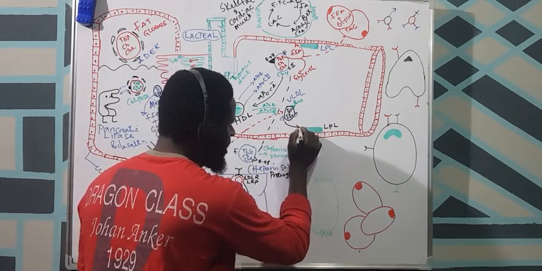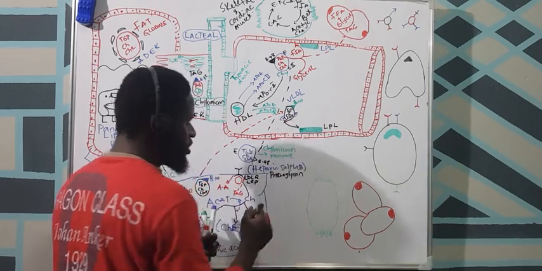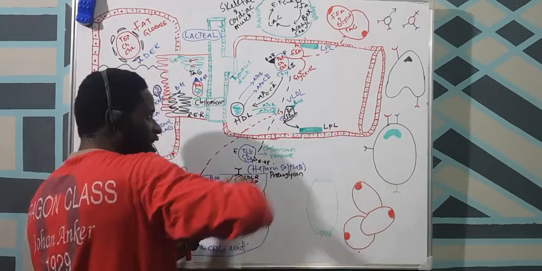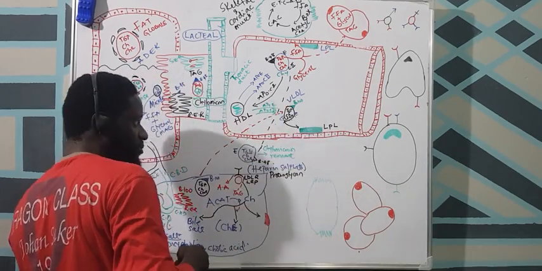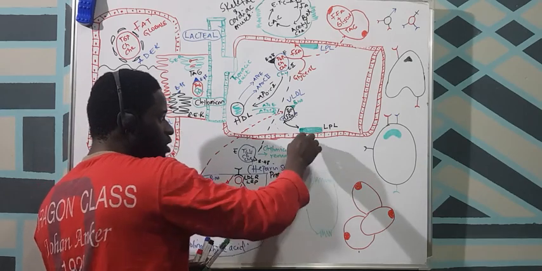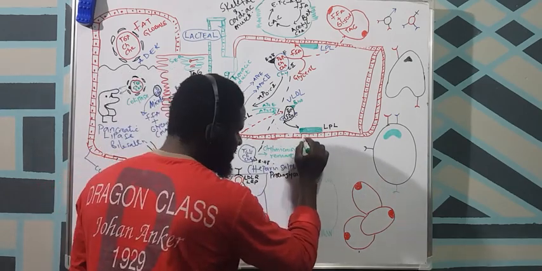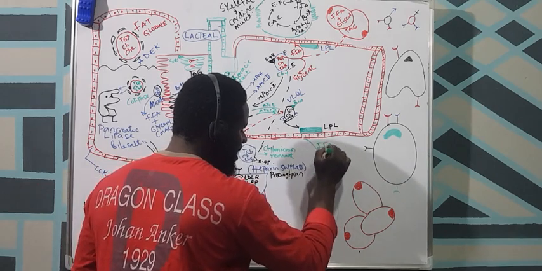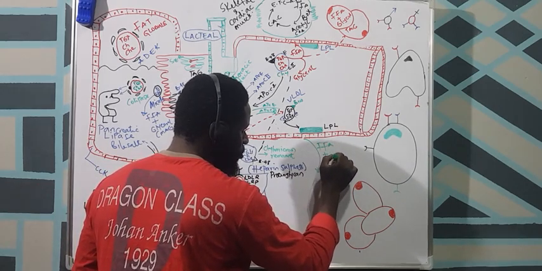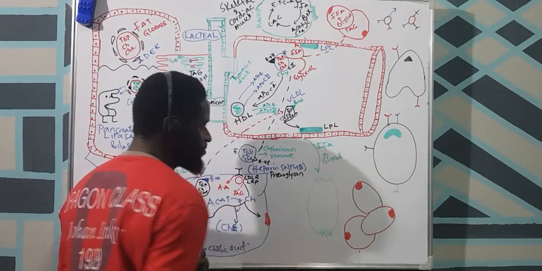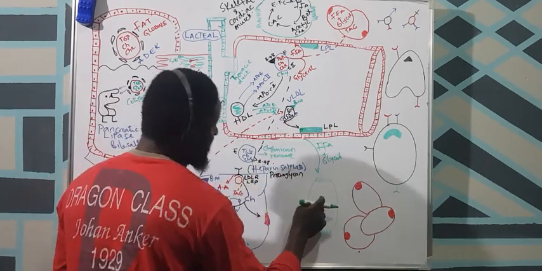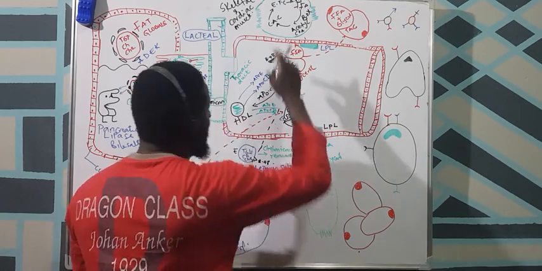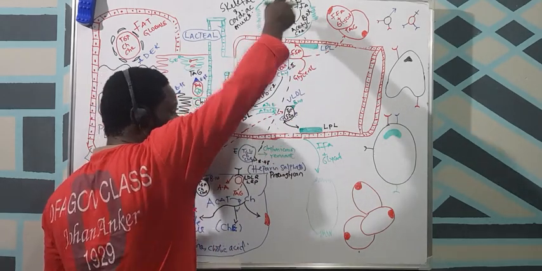So the C2 binds with lipoprotein lipase. It breaks down the triacylglyceride or triglyceride to free fatty acid and glycerol or monoacylglyceride.